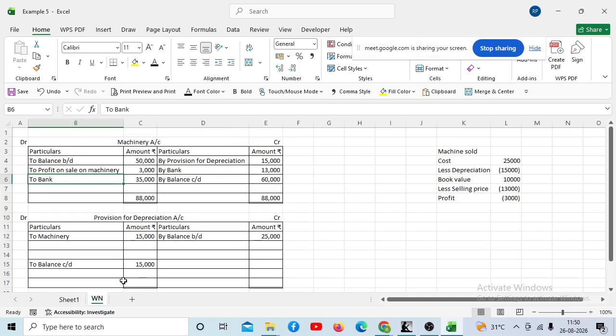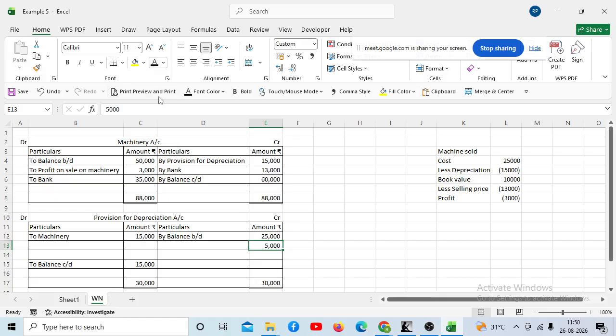Similarly, we will close this account also, 30,000 and 30,000. Tell me what is the difference? 5,000 is the difference, right?